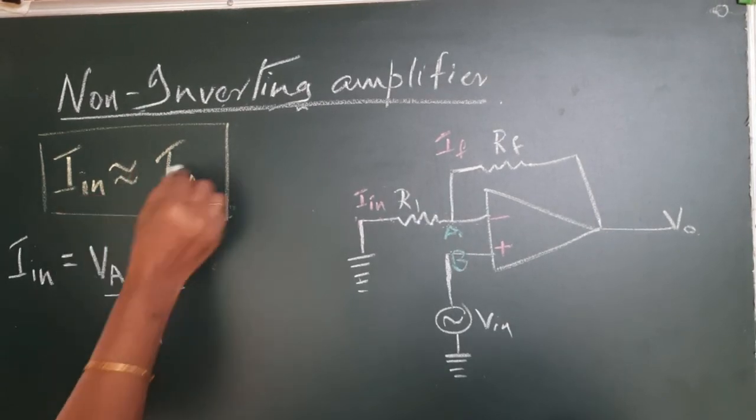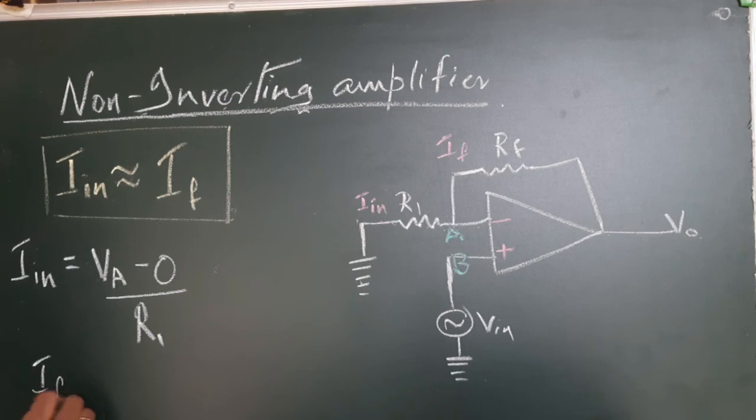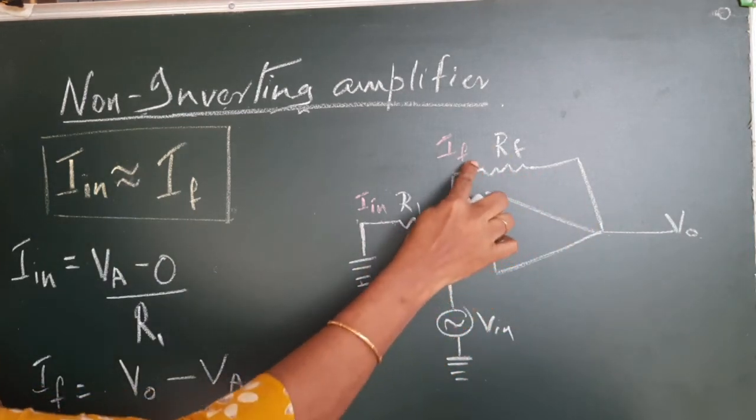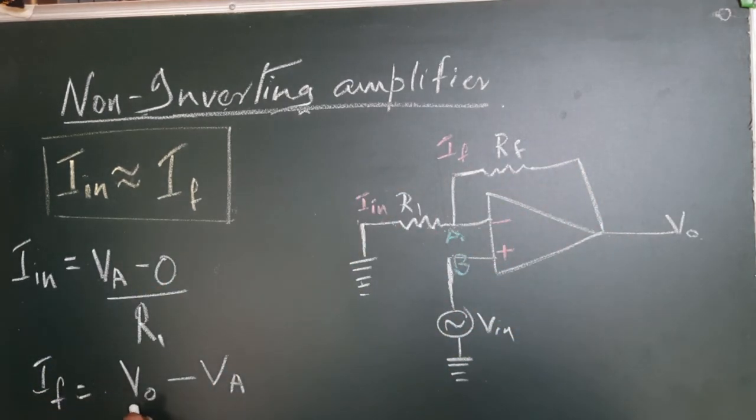Now this is equal to IF. So what is IF? IF is equal to V out minus VA. VA is the potential at this end, V out is the potential at the other end of RF, so that divided by RF.